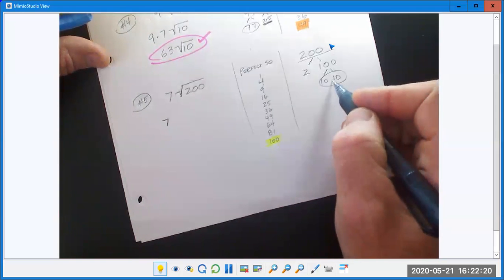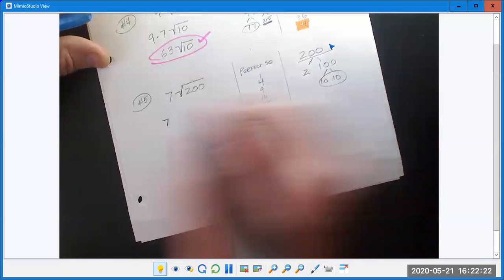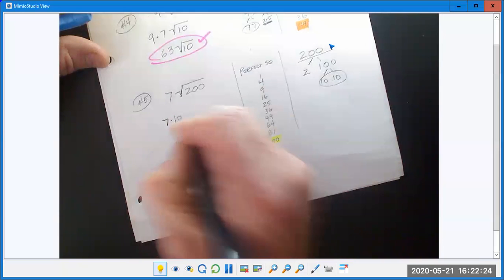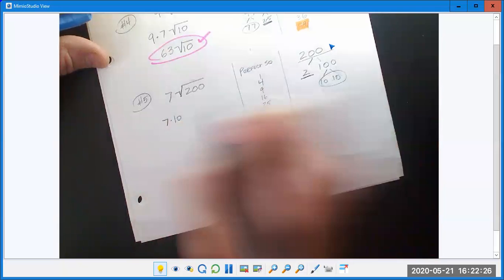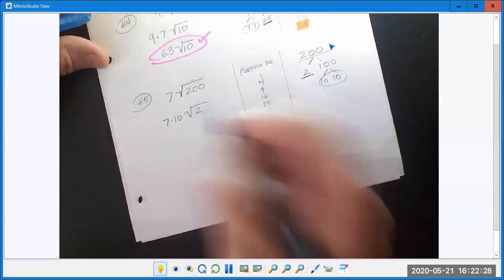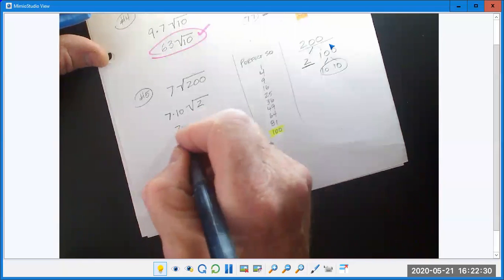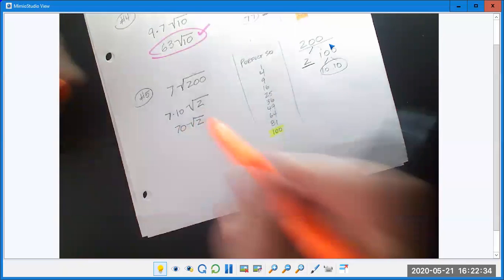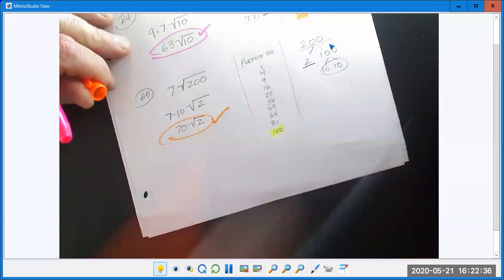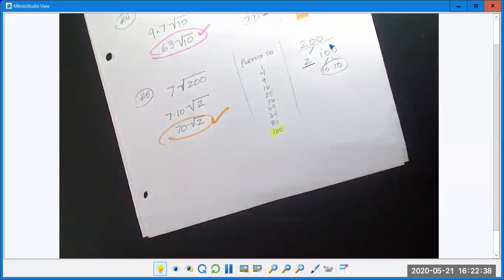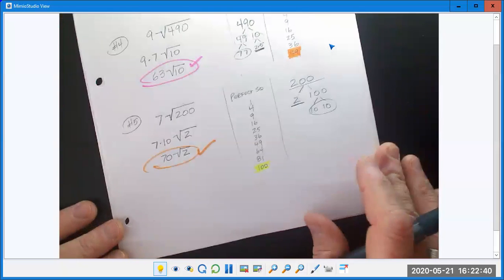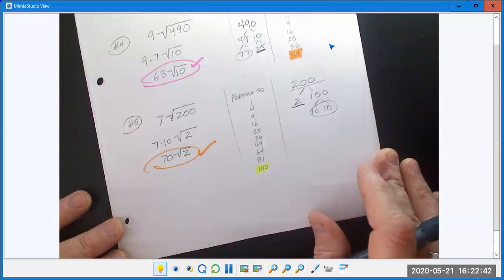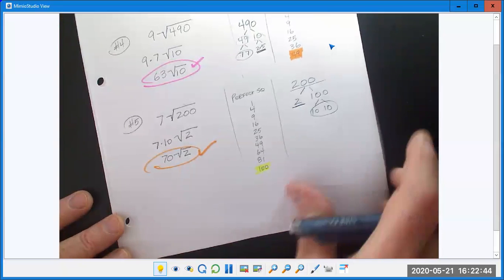I have a pair of 10s, so times 10, and what's left underneath the radical was 2. So my final answer is 70 radical 2. I hope you're getting these as we go along.